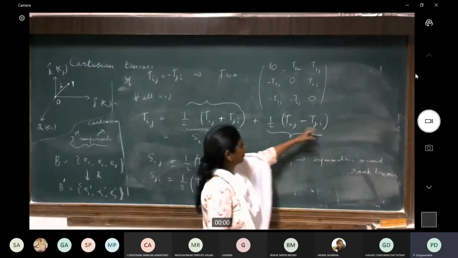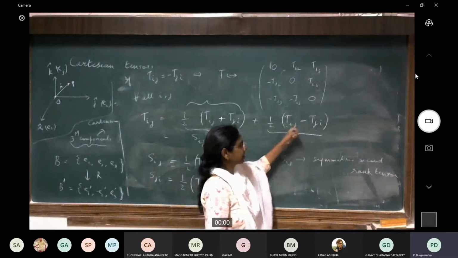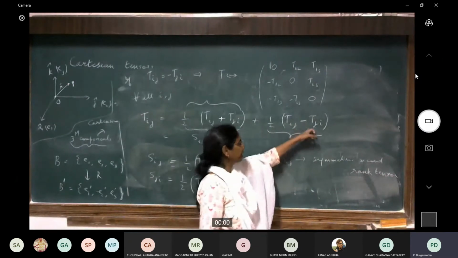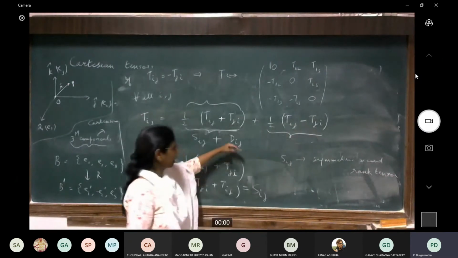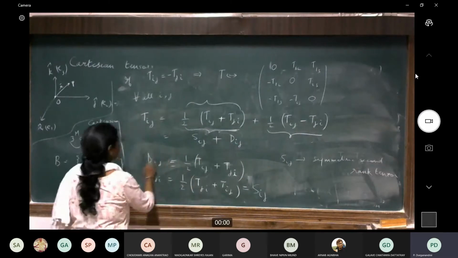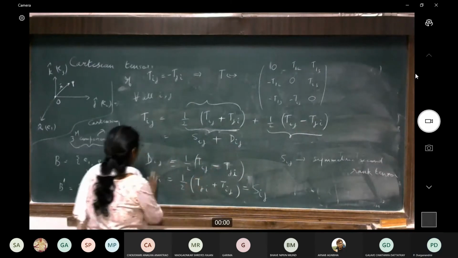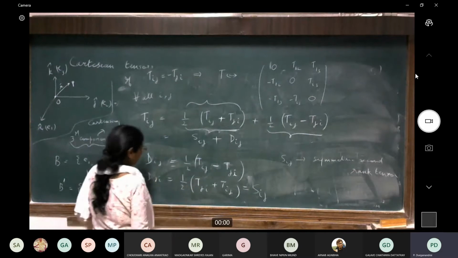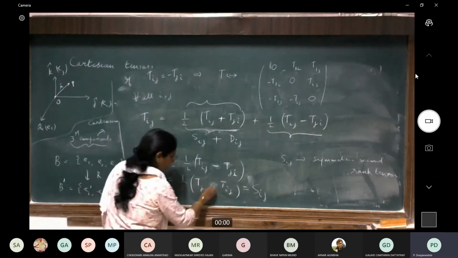Similarly, here I have taken the difference of two tensors of the same rank. So therefore, again, I'm going to get a tensor. So this Dij is again a tensor of rank 2. If I now write Dij equal to this, what is Dji? By definition, it will be simply this minus this.